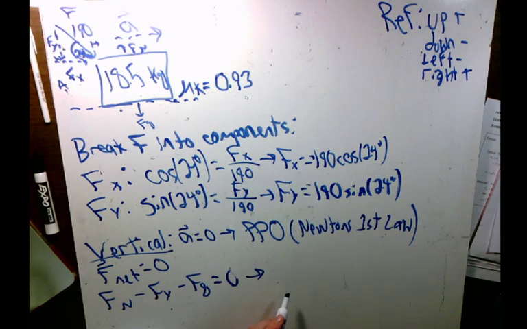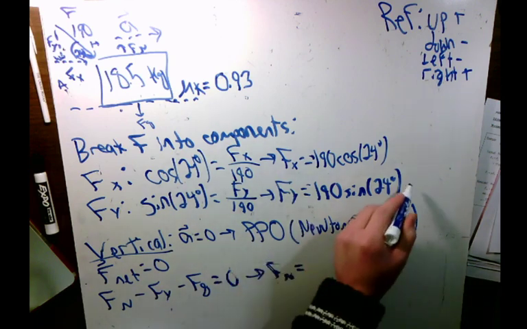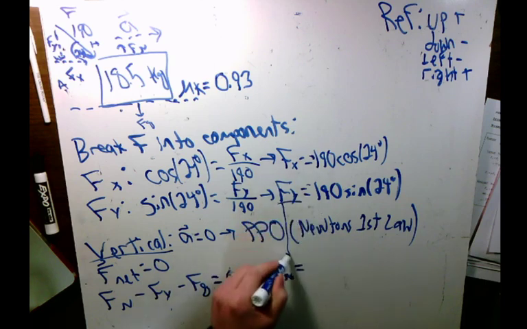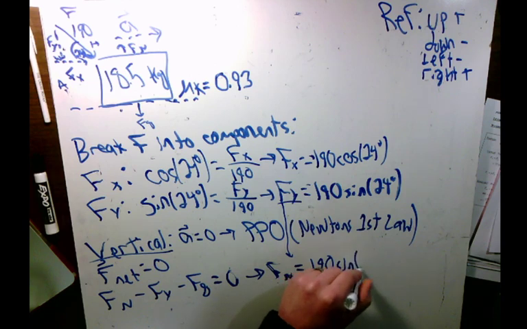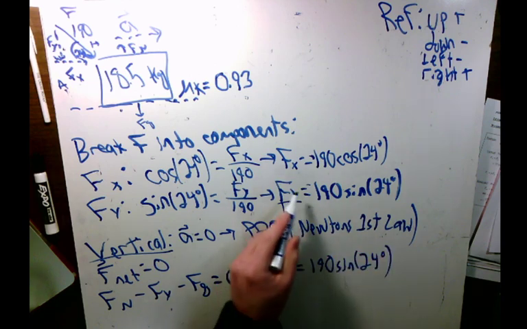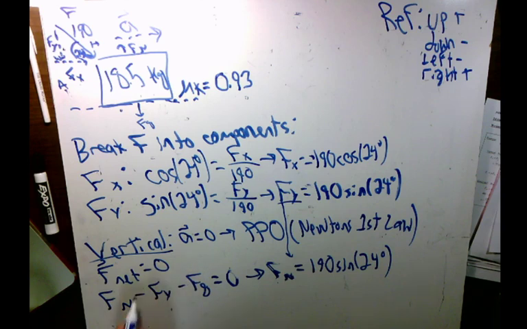So here we have Fn, which is our unknown, is equal to Fy. I'll just put in the value for Fy here. We've got 190 sine of 24. Don't worry about the negative. I included that in the general form here. I said it was going down, so this is 190 sine 24 going down.